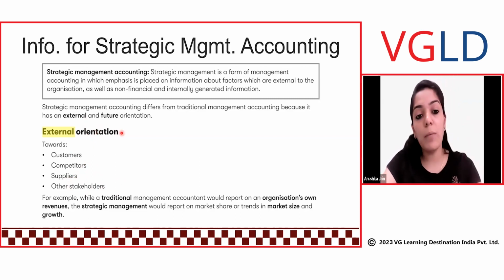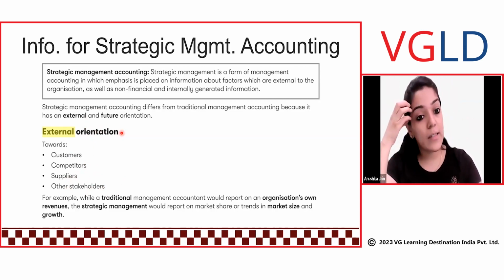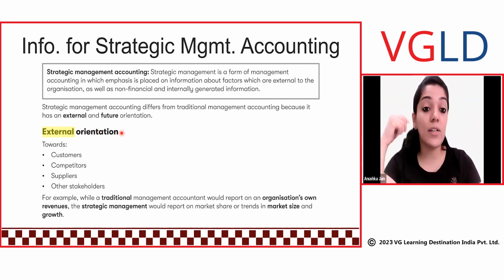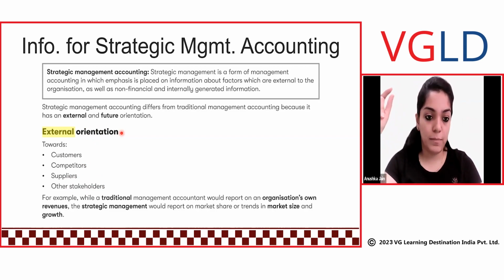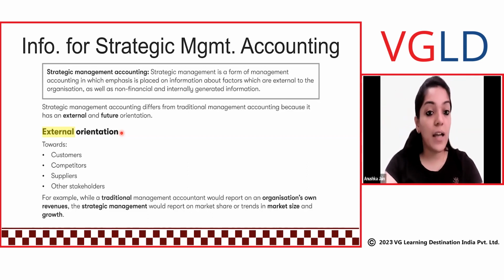So people at the top will be looking at all of these different types of stakeholders, even the shareholders. How does the decision which the company is making impact the shareholders? That is external orientation. It is towards different types of important stakeholders like shareholders, customers, suppliers, competitors.